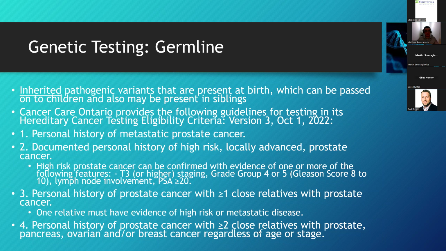They have to have either a personal history of metastatic disease, a documented personal history of high risk locally advanced prostate cancer, a personal history of prostate cancer in greater than one close relative, or a personal history of prostate cancer with greater than two close relatives with either prostate, pancreas, ovarian, and or breast cancer.